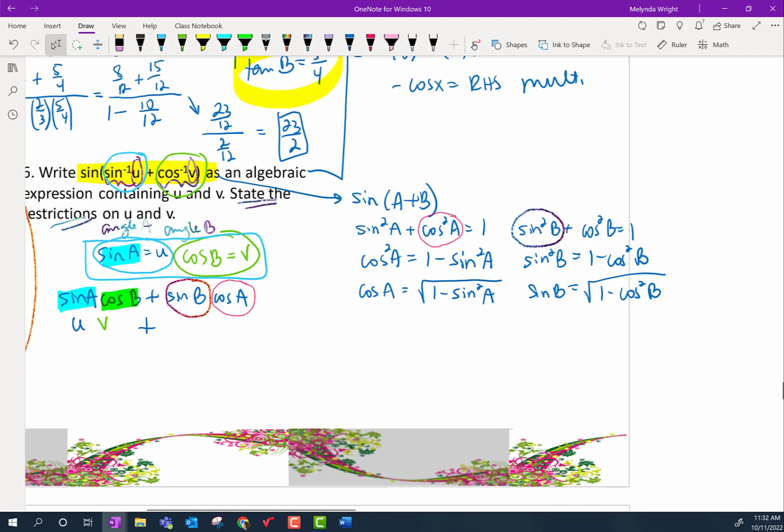Okay, I'm really, really close. I want you to notice what sine of A is. I'm circling it right here. Sine of A is U. I'm going to change cosine of A. It's going to be the square root of 1 minus U squared. I just took the sine of A and replaced it with a U like we did previously.